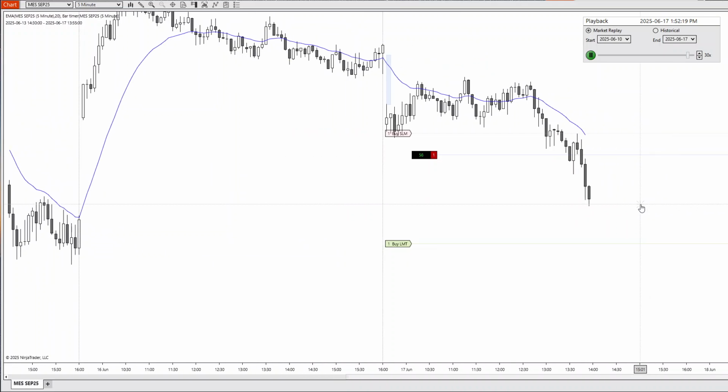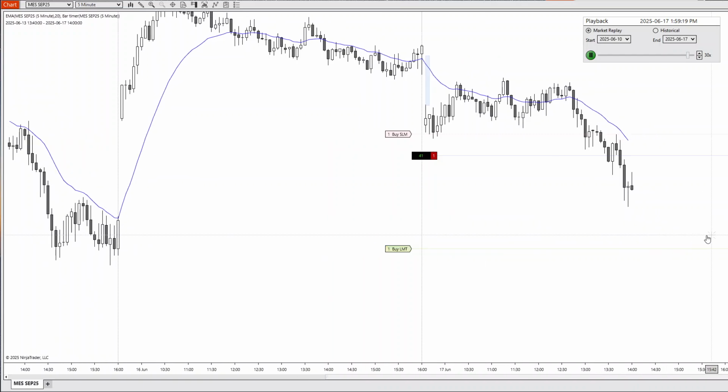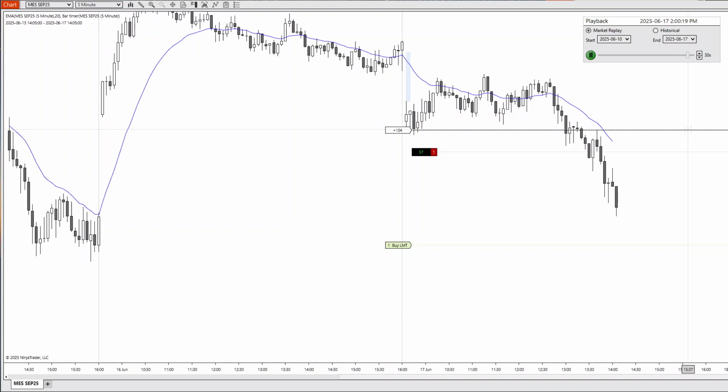I'll simply wait for, is there anything here? Maybe a test a bit. We just tested it down below here. Okay, we'll keep it here. Or I'll close when I see the good looking bull bar. That's too much.